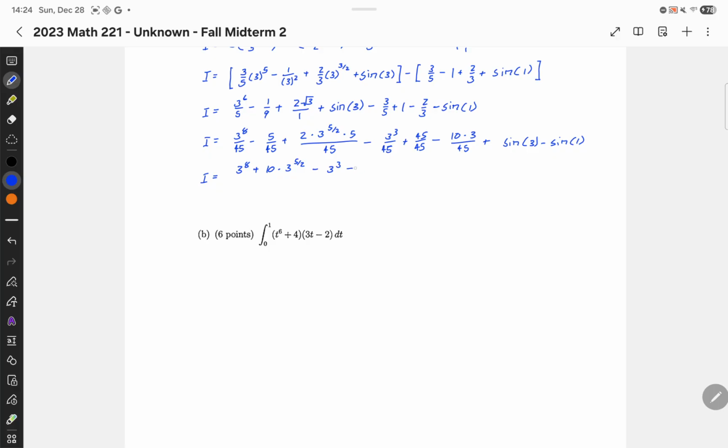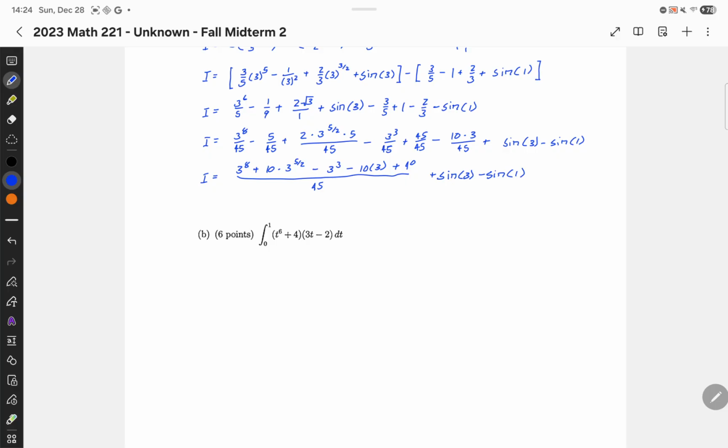And then subtract 10 times 3. So those are all of our terms with 3. And then lastly, we have minus 5 plus 45. That's going to turn into a plus 40. And again, all of this is over 45. Then we can just add sine of 3, subtract sine of 1.